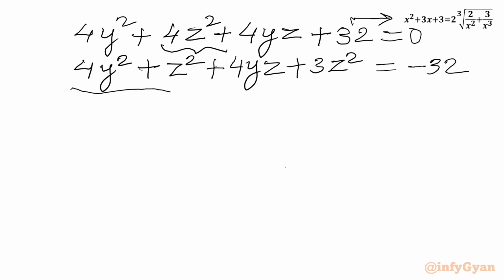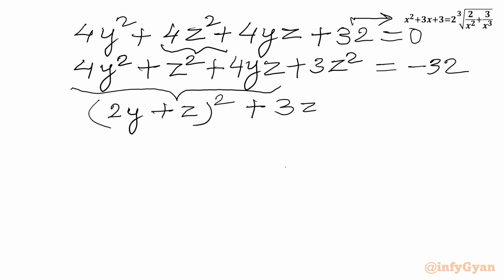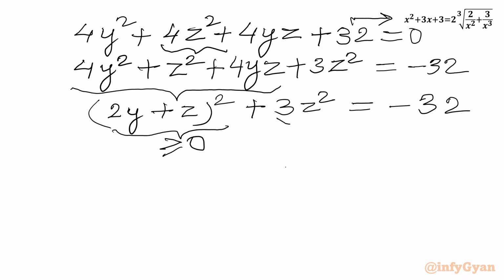Now from these three terms, we can write one perfect square, (2y + z)², plus 3z² equal to negative 32. A square is always non-negative. This is also non-negative.